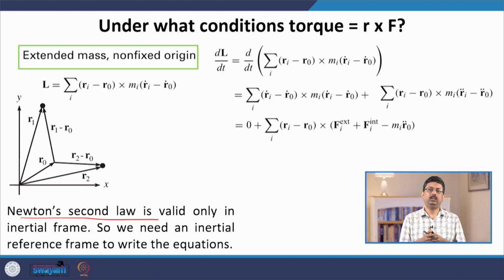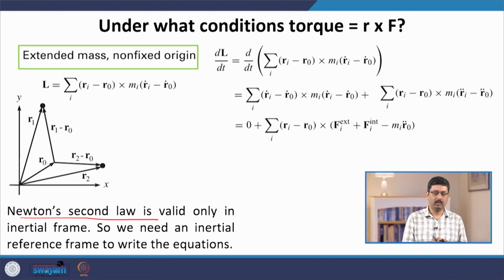If we take such a reference where the origin itself is moving, then can we write down the torque as r cross F? It is not guaranteed that in that frame Newton's laws of motion will hold. So, we need a second frame which is fixed, an inertial frame.